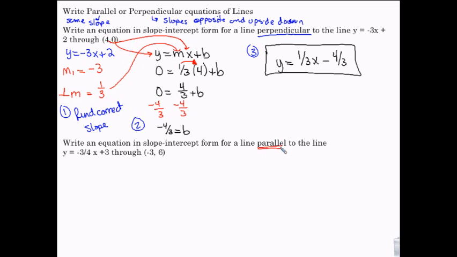So here we're looking for parallel. My first slope is negative 3/4. My parallel slope is going to be negative 3/4. Y is 6, m is negative 3/4, x is negative 3 plus b. Now in this case, I'm going to actually have to deal with some fractions.